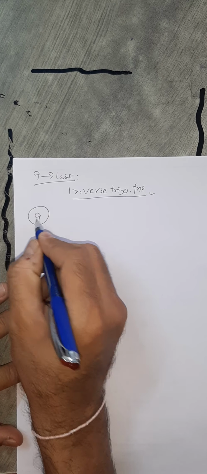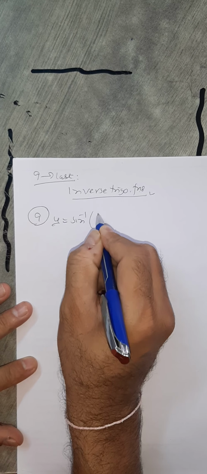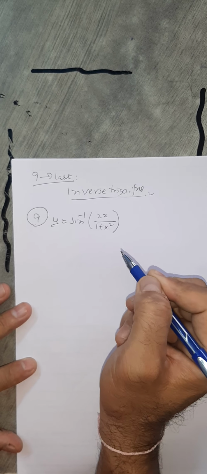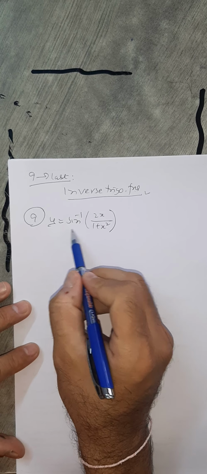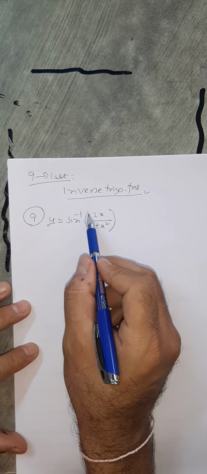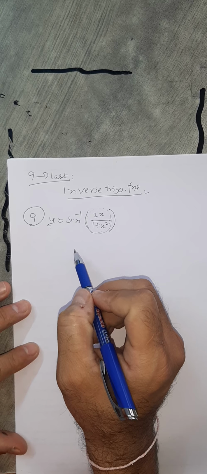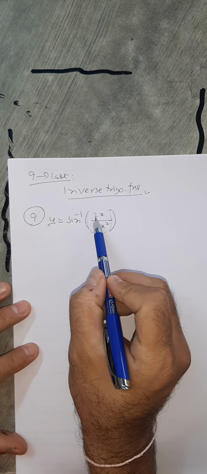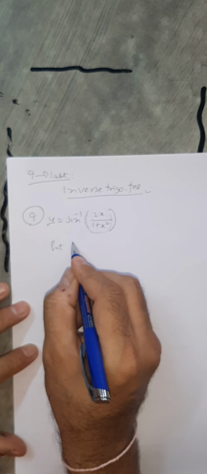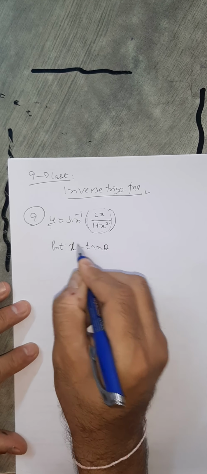Question number 9, let me go to that. y equals to sine inverse 2x upon 1 plus x square. Now usually in inverse trigo questions of differentiation, normally inside the bracket always you will find the standard formula. Now if you remember, this is nothing but the 2t upon 1 plus t square, standard. So we put substitution, put x equals to tan theta substitution.